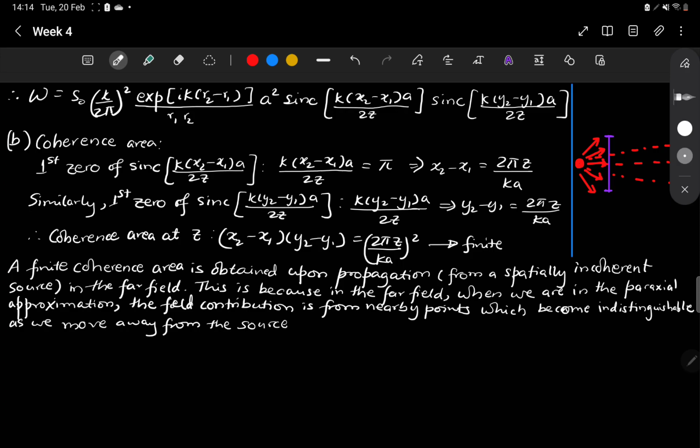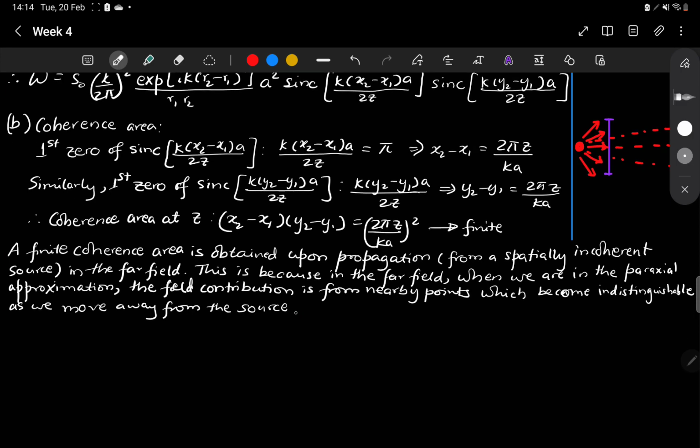So a finite coherence area is obtained upon propagation even from a spatially incoherent source in the far field. This is because in the far field, in the paraxial approximation, the field contribution is from nearby points which become indistinguishable as we move further away from the source. So this completes part B as well.